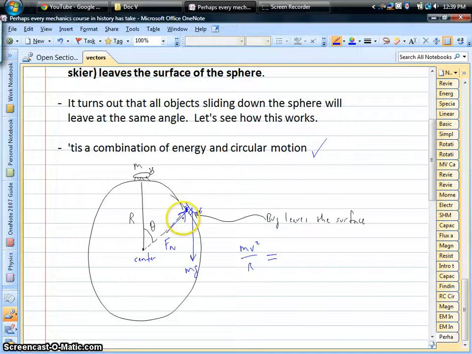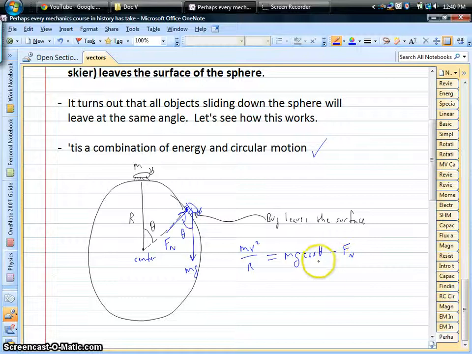According to our picture, this would also be the theta of our drawing, and that component of gravity is just like being on a hill, and it's mg cosine theta. Notice, though, we also have the normal force, which is a radial force, and that points away from the center, so we have to subtract that. As the bug is sliding down, this is your centripetal force equation.